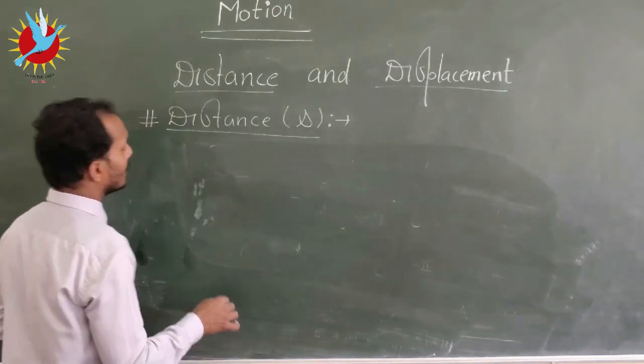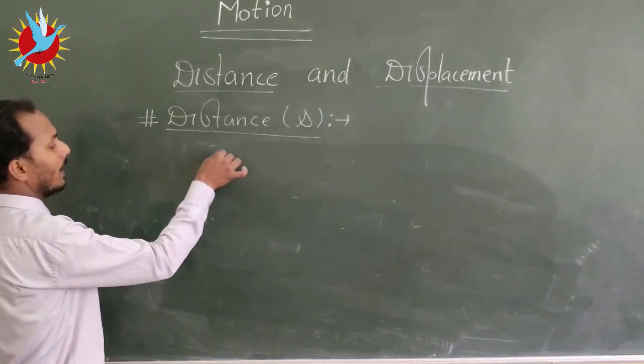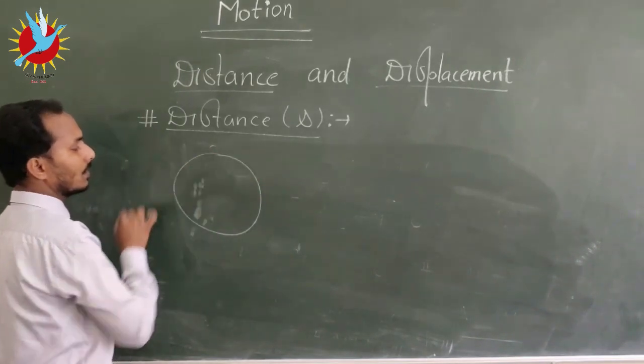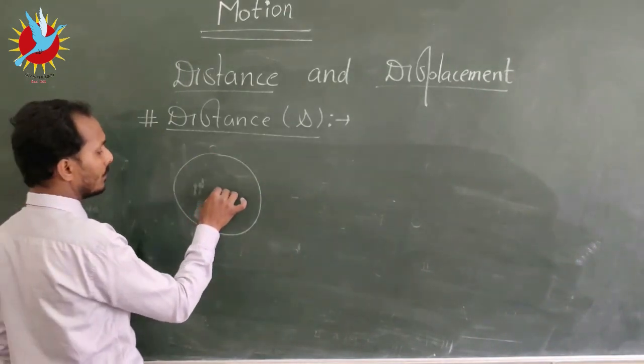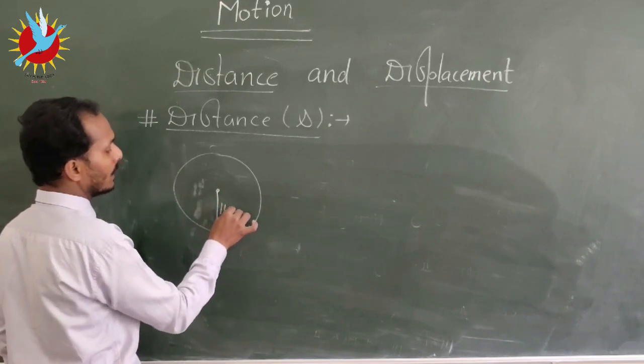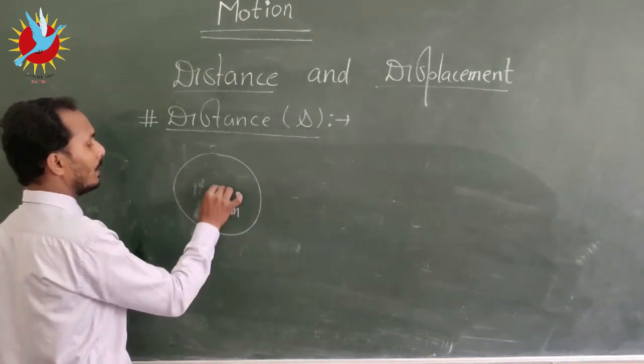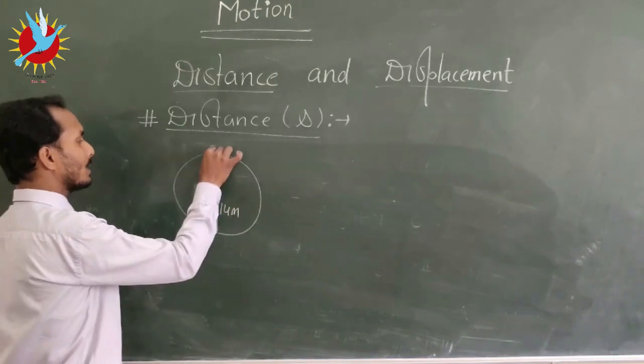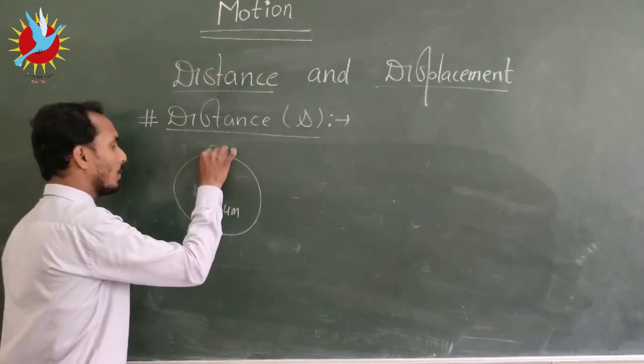Now suppose that there is a track of 14 meter diameter.